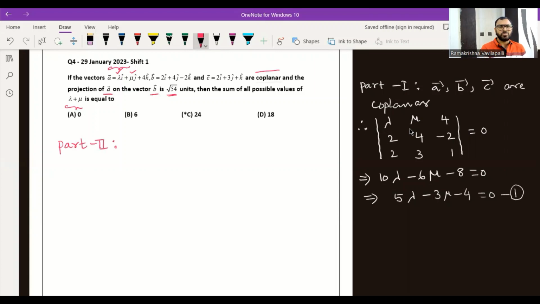This is part 2. Here you see the projection of A bar on vector B bar is root 54.